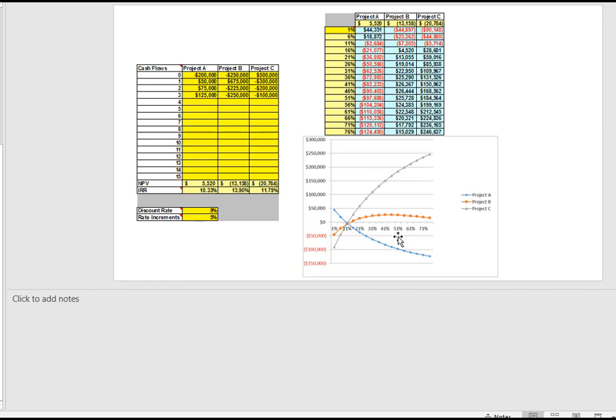Where it crosses the 0 axis is the internal rate of return. In this case, these projects all have about the same internal rate of return, just a couple of percentage points off: 10.3, 13.9, 11.79. So those are the problems that you might be asked to solve from Chapter 7.